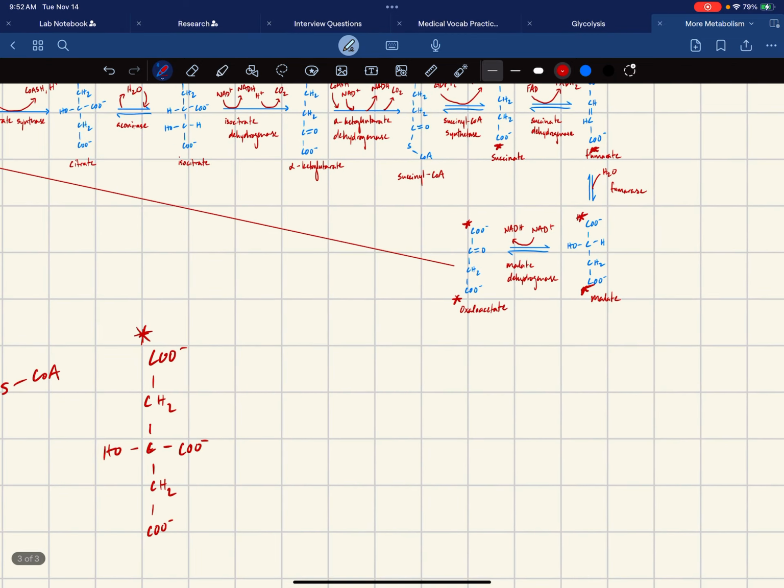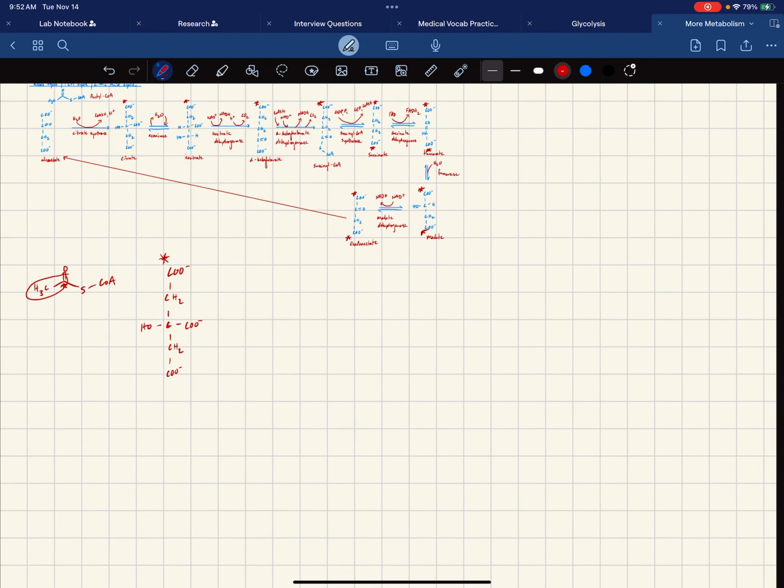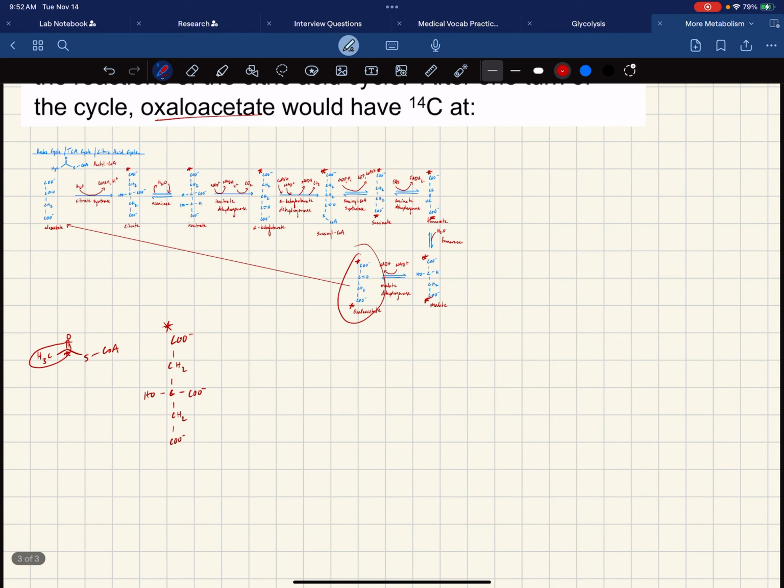He gave this as a multiple choice question: after one turn of the cycle, oxaloacetate would have carbon 14 at either of its two carboxylic acids, so either of the two carbonyls of those carboxylic acid groups.